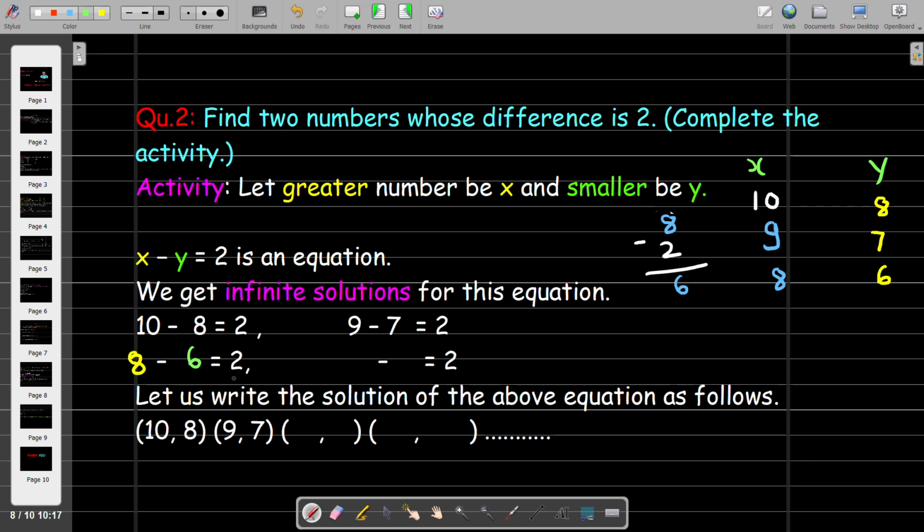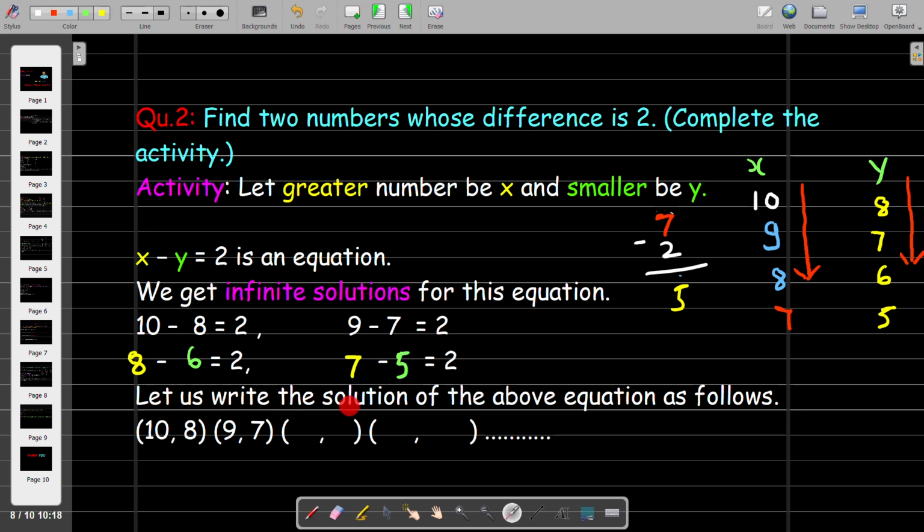That means 8 minus 6 is equal to 2. If we take the value of x equal to 7, then to find the value of y, we subtract the difference from 7. We will get 7 minus 2 is equal to how much? 5. Therefore 7 minus 5 is equal to 2.